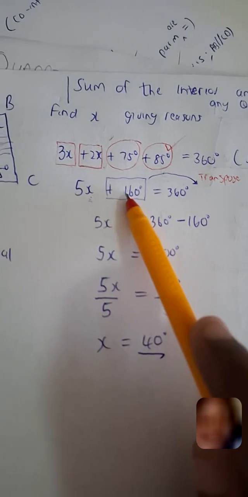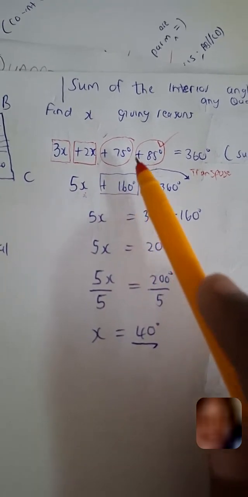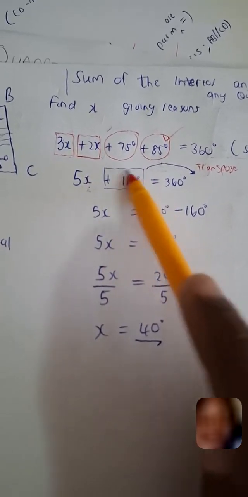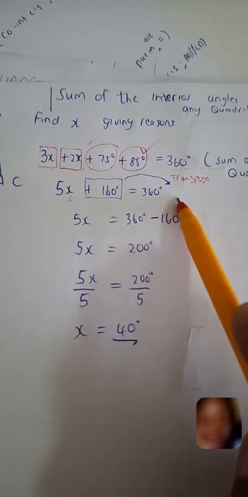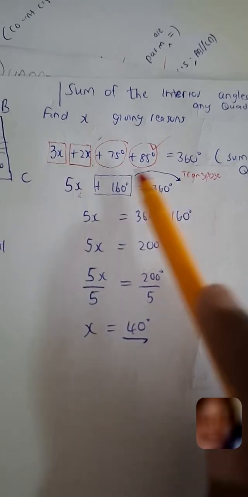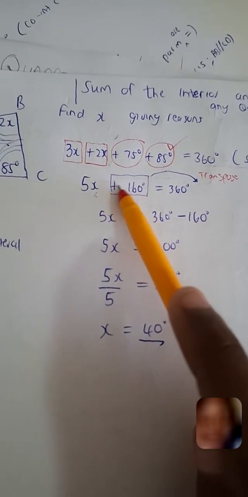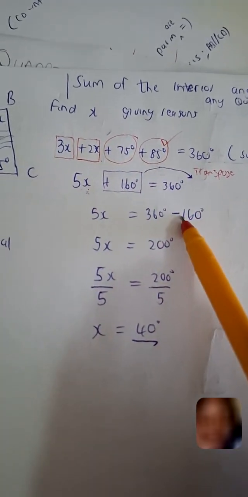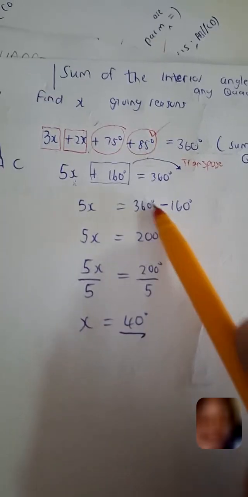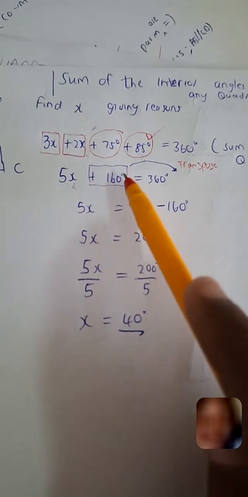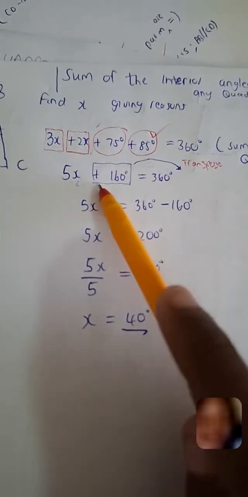So to get rid of plus 160, what do you do on the left? You subtract 160. But what you do on the left, you would do on the right. For short, we just say take the number, it crosses over, the sign changes. That's just a shortcut method of saying we subtract 160 on both sides.